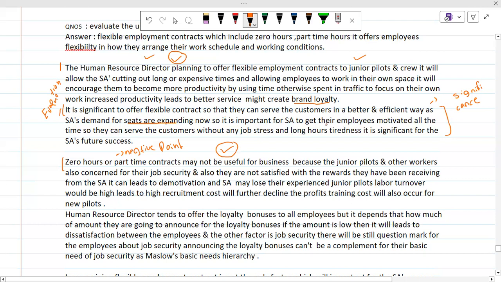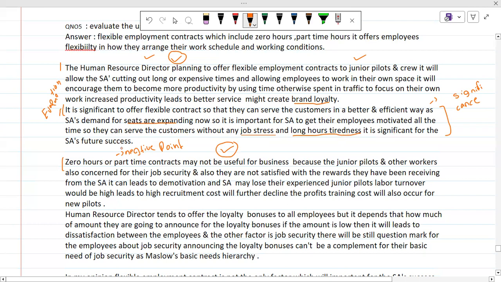It is important for SA to keep their employees motivated all the time so they can serve customers without job stress. Whenever they offer flexible employment contracts, there will be less job stress on the employees. If there is less job stress, they can serve the customer in a better and more efficient way. And there will be no long-hour tiredness if they announce flexible employment contracts to the junior pilots and crew members.